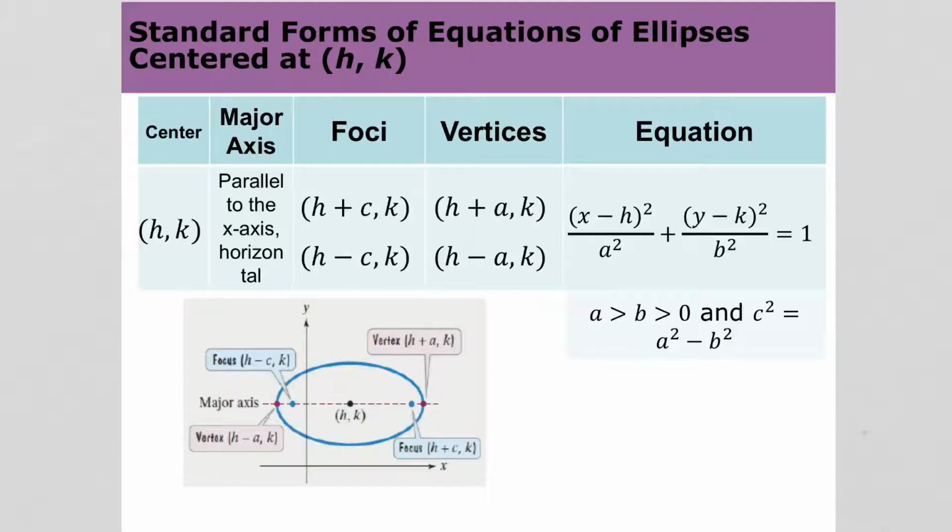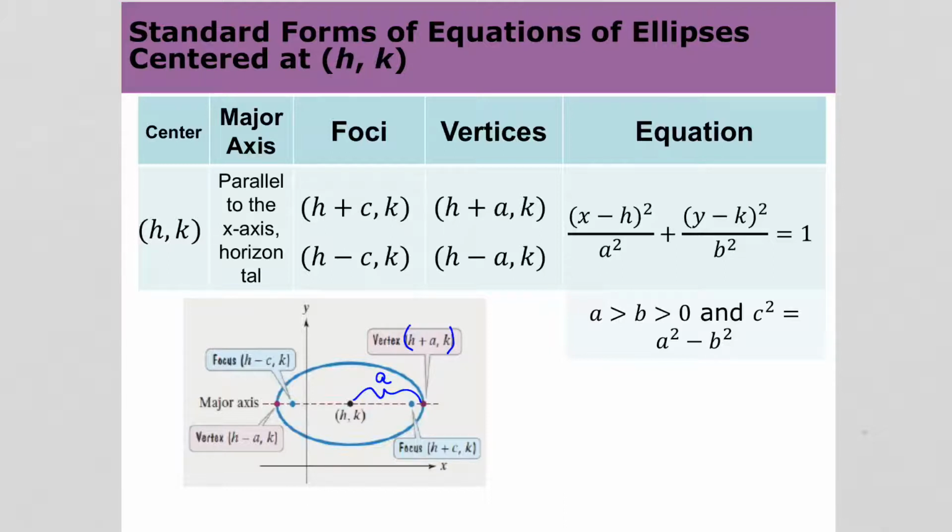If the major axis is horizontal, and the center is at (h, k), then if this distance is a, this vertex will be at h plus a, and then k, because it's the same y value as the center.